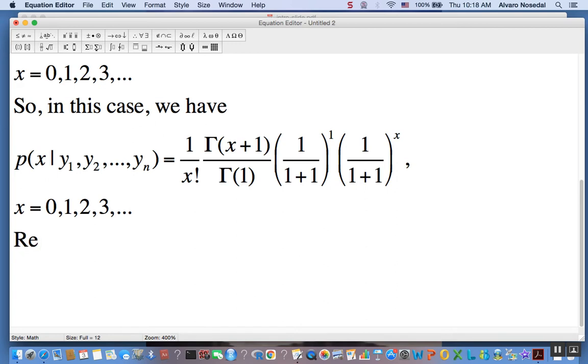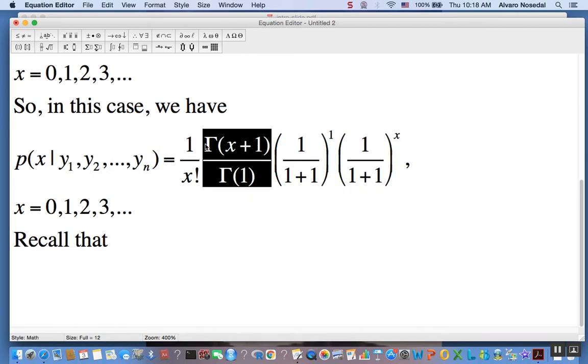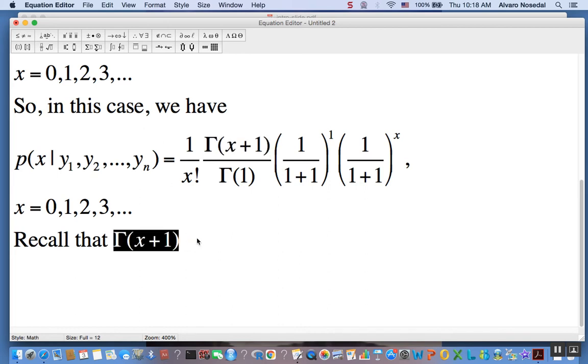Okay, so recall that in this particular case, the gamma function evaluated at x plus 1 is just going to be x factorial, right?